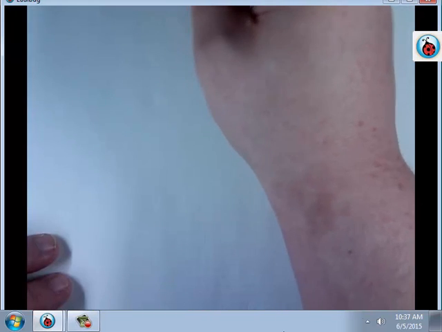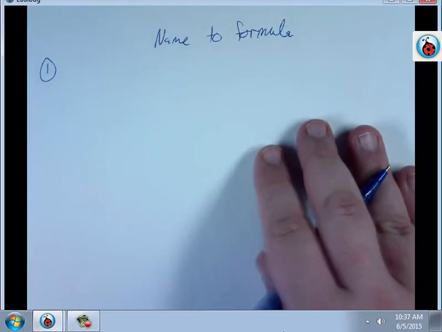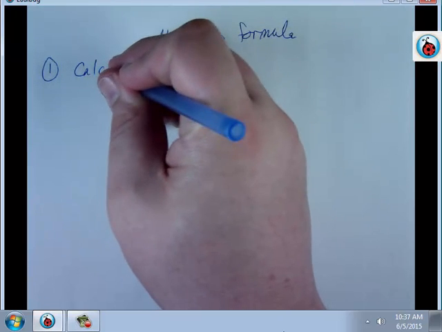Alright, last big topic is basically the reverse of this, going from the name to the formula. So this is name to formula. Slow this down a bit. There we go. Calcium bromide.